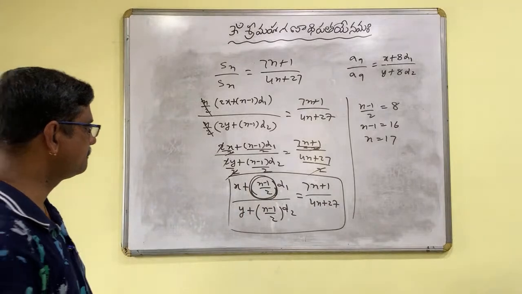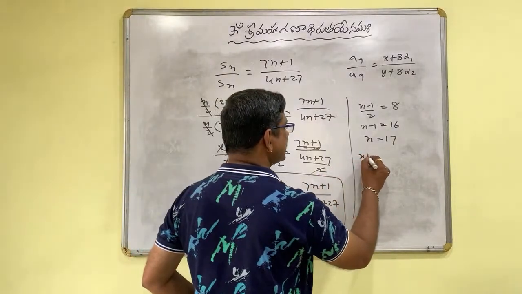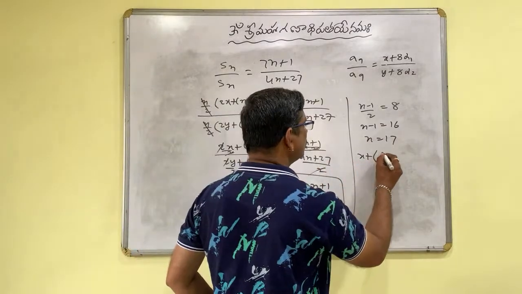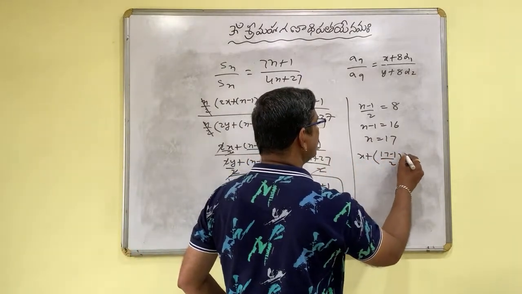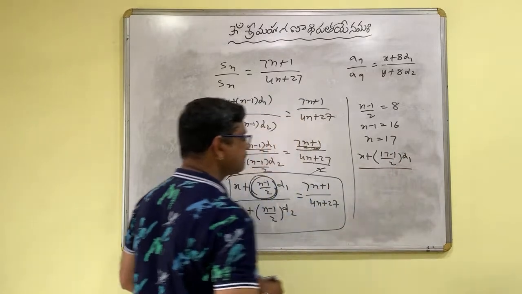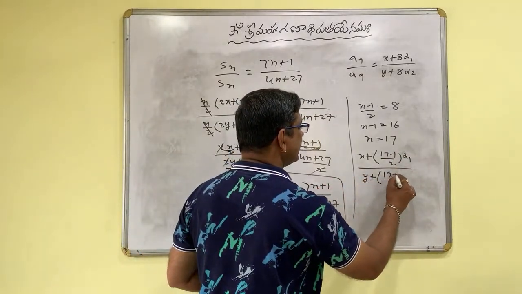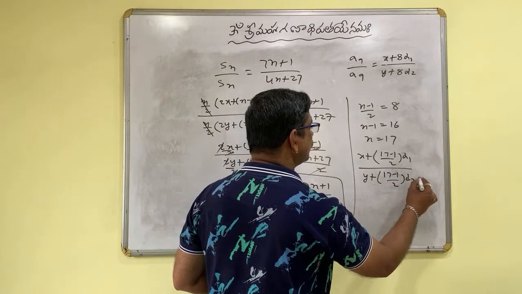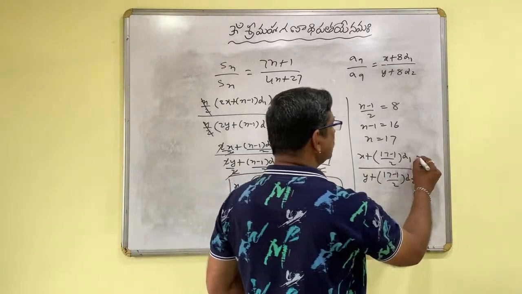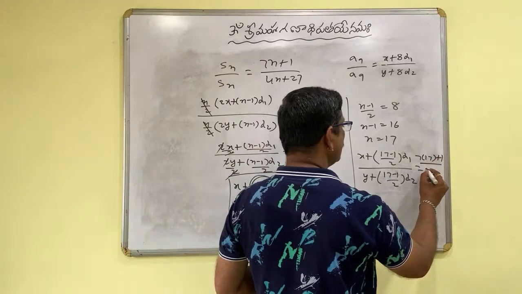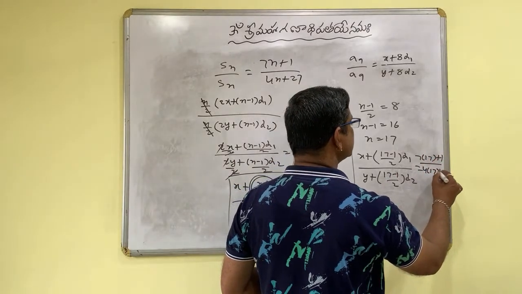Substitute 17, x plus (17-1)/2 into d1 by y plus (17-1)/2 into d2 is equal to (7 into 17 plus 1) by (4 into 17 plus 27).